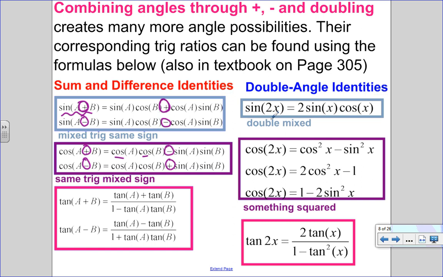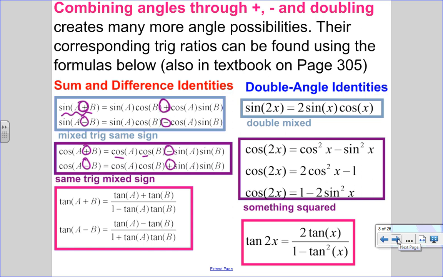So sine of 2x is just 2 sine cos. So it's a double mixed. Cos 2x has three different formulas, but notice there's always something that's squared in it. So cos squared minus sine squared, 2 cos squared minus 1, 1 minus 2 sine squared. So be on the lookout for that as well. And of course, tan 2x is its own formula.